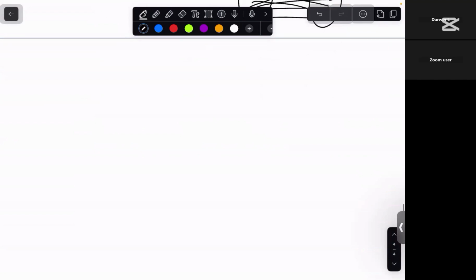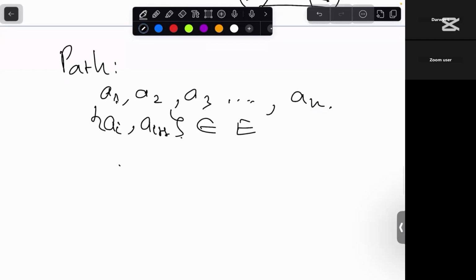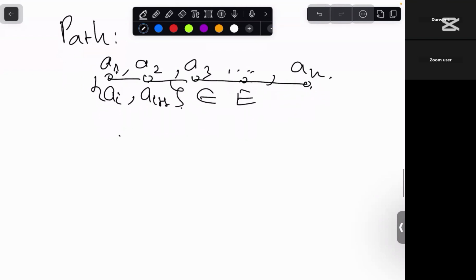So I will define path. A path is a sequence of vertices like A1, A2, A3 to An, such that between every Ai and Ai+1, there's an edge connecting them. For visualization, these will be nodes, and there will be edges connecting them to form a path.